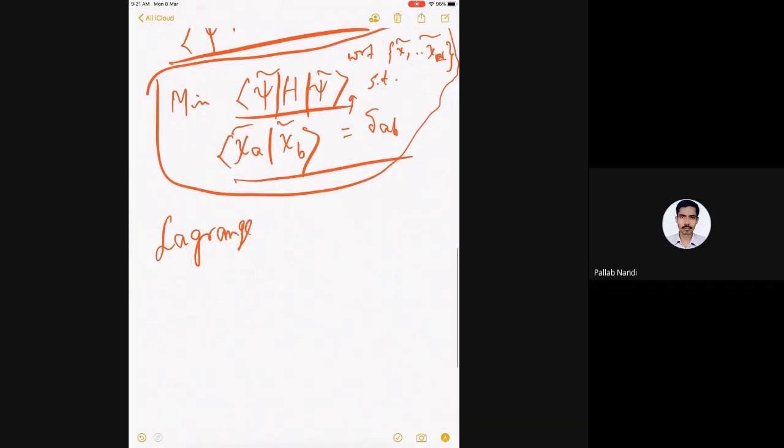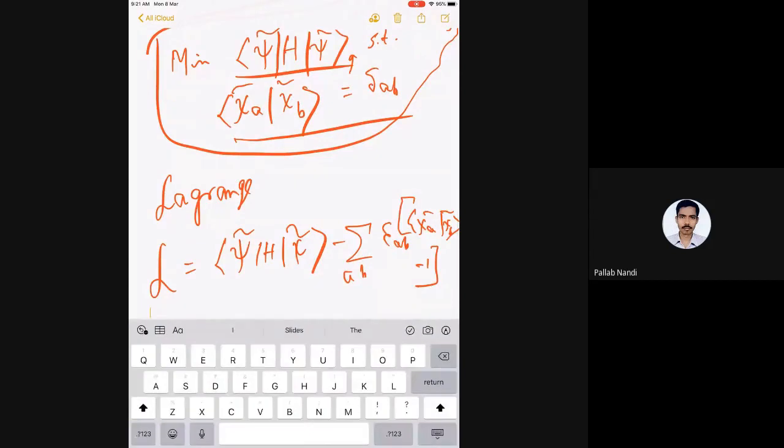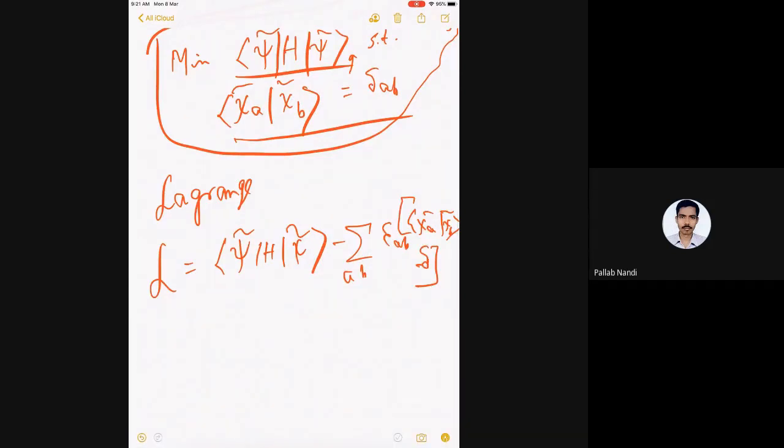The Lagrange variation says, if you have such conditions, then what you vary is not the energy, what you vary is the Lagrangian, which is the objective function, and then you have conditions written in terms of the condition being 0. So that is what you vary.